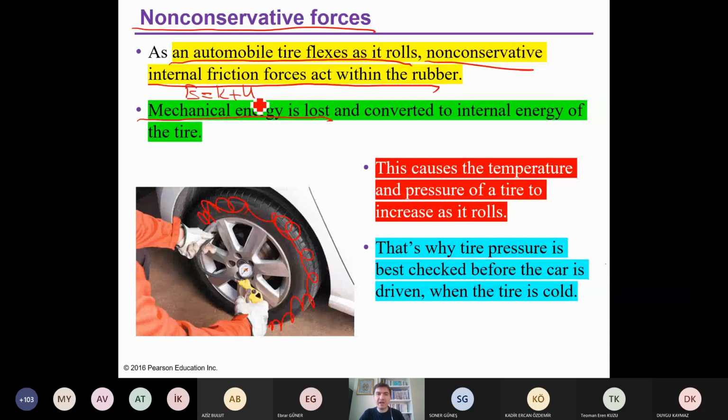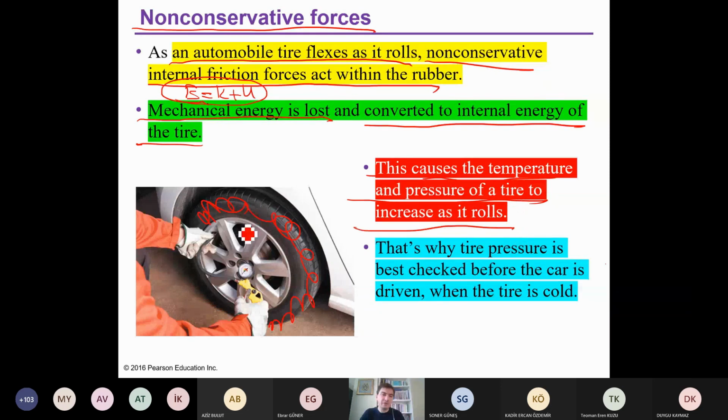So if the mechanical energy is decreased, then this decreased mechanical energy is converted to the internal energy of the tire. Then the tires will be hot, okay?